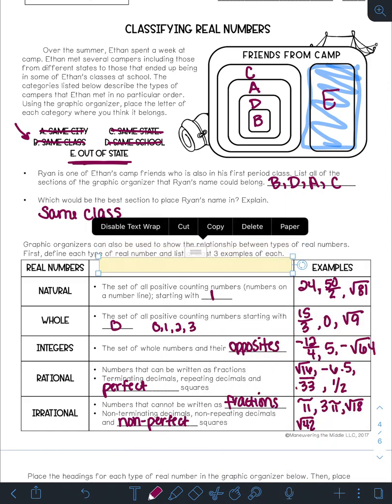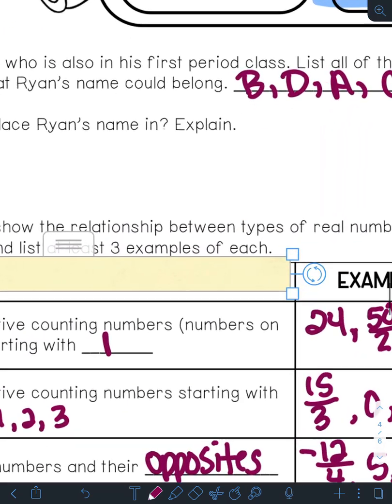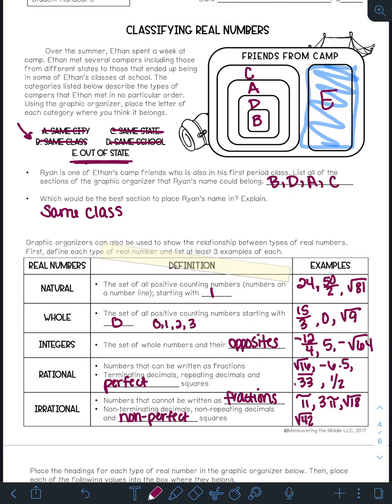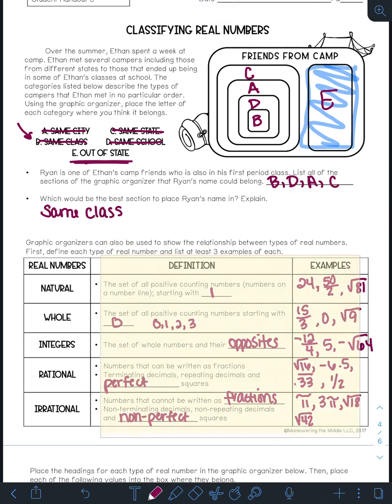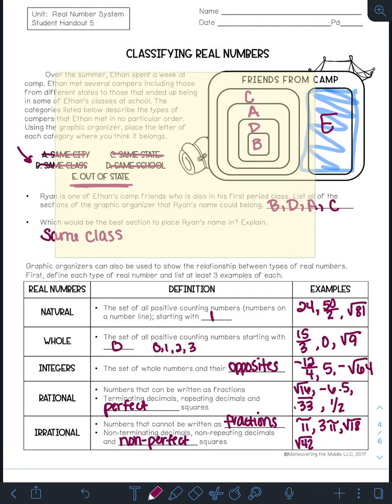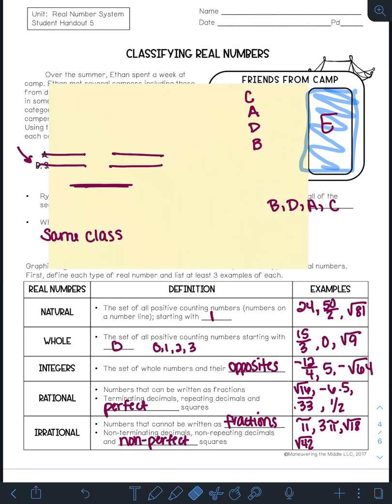So, I'm going to show you an example of how this works. I'm going to show you on a sticky note how this works for the real number sets.